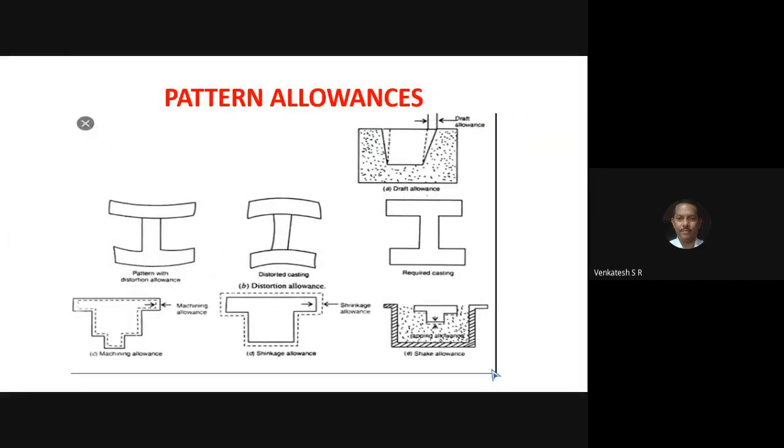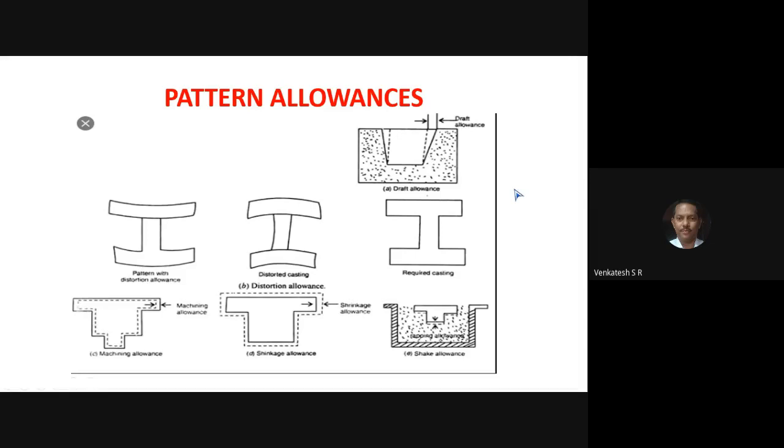See, last class we discussed the different materials used for making a pattern. That depends upon a number of factors: the number of castings required, the dimensional accuracy, and the type of foundry you have, whether the type of mold material is clay, green sand or dry sand.